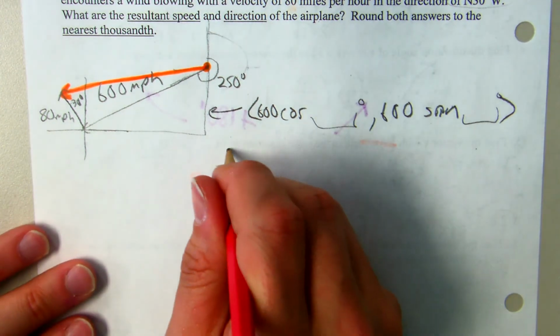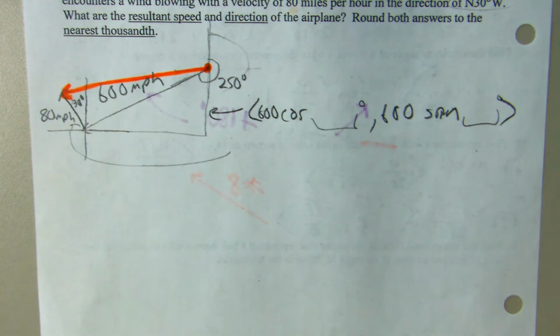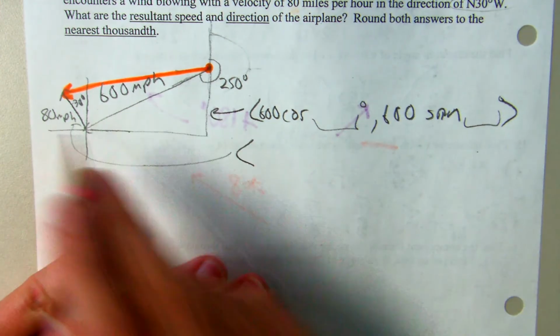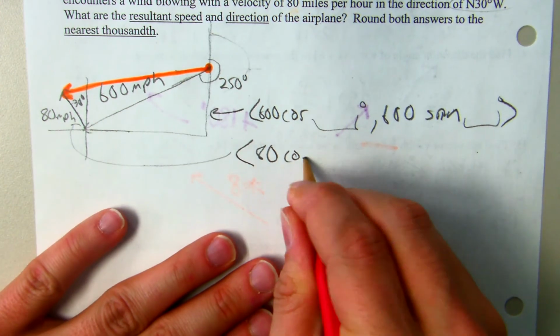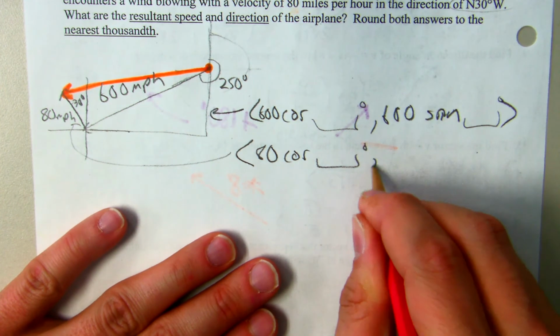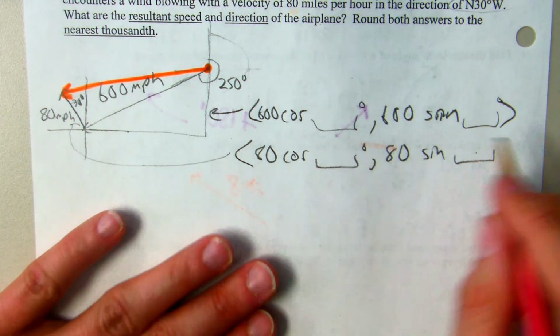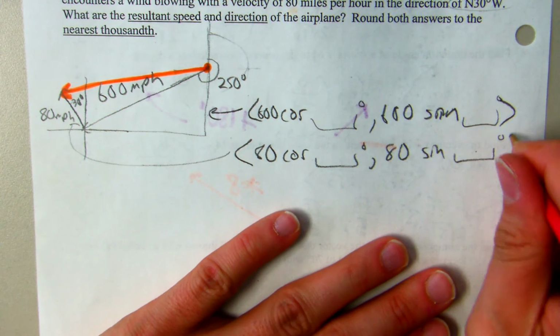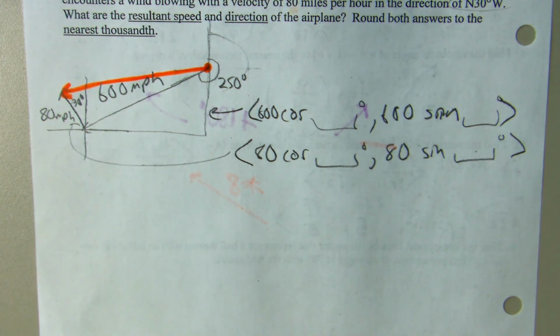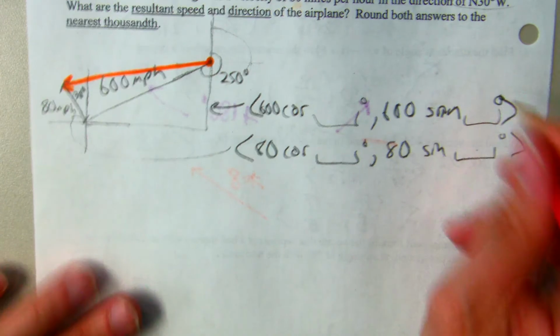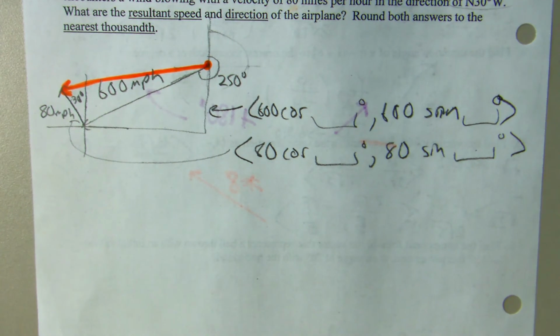I'm going to figure out how the wind is affecting it. So 80 times the cosine of the angle i plus 80 times the sine of the angle j. I left that angle blank for number 2, because this is one thing that's different from question 7.